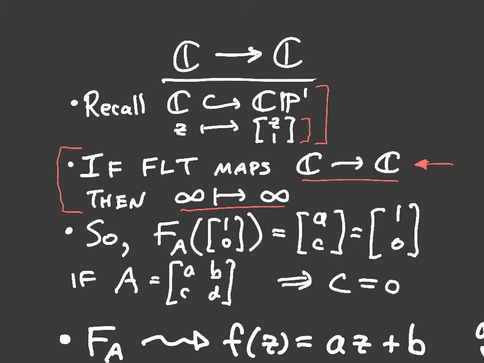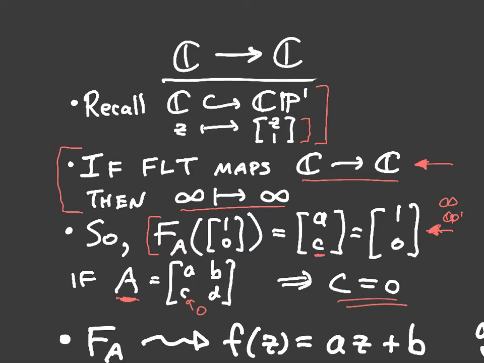So we take a fractional linear transformation written in terms of a matrix A, and we see that it sends (1, 0) to (1, 0). This is our point infinity inside of CP1. And this just means that C in the matrix A has to be 0.